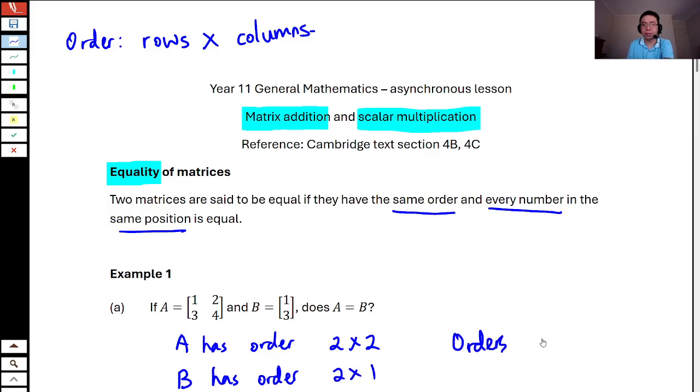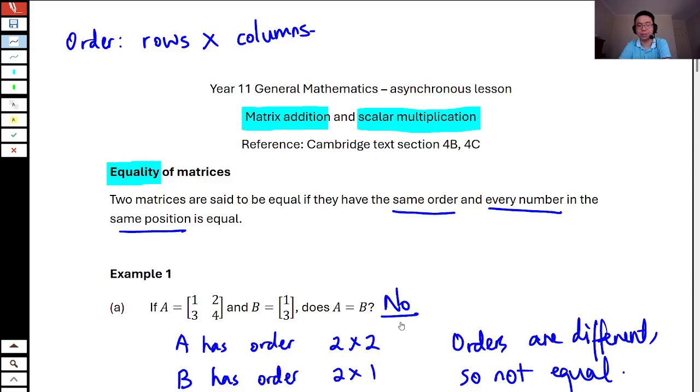The orders are different, so not equal. So this statement is false. Even though the numbers 1 and 3 are the same, the matrices are not identical.